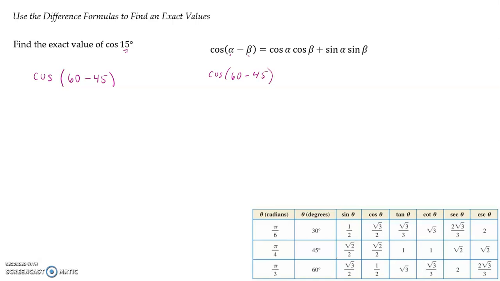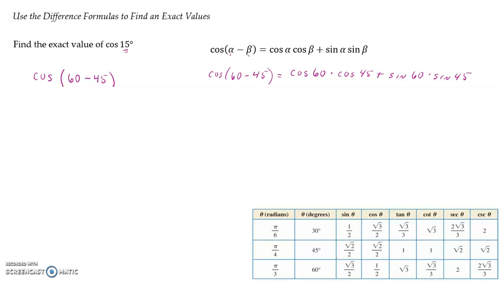So once we apply our formula, this is going to be the same thing as saying cosine of 60 degrees times cosine of 45 plus sine of 60 degrees times sine of 45.